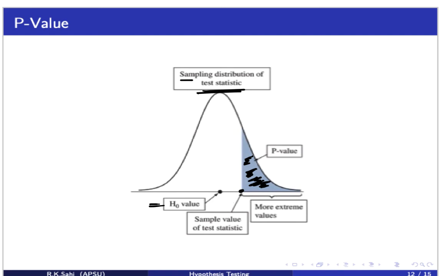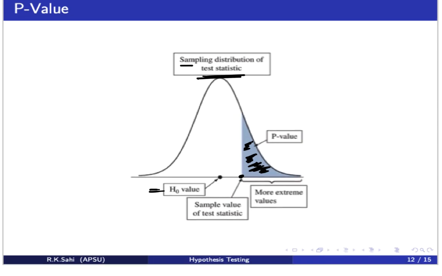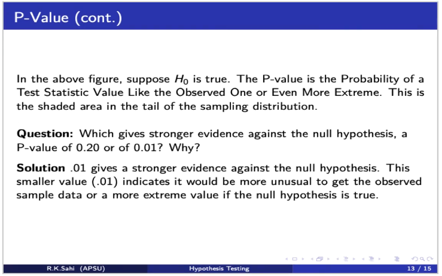So let's look at a simple example. Which would give us stronger evidence against the null hypothesis: a p-value of 0.2 or a p-value of 0.01? Now, 0.2 is basically 20%, right? That's a big value, whereas 0.01 means 1%.